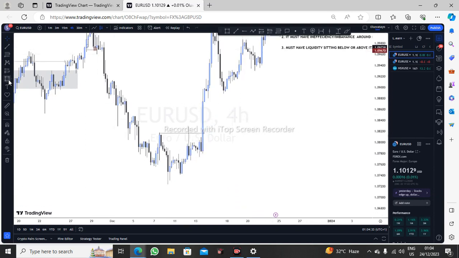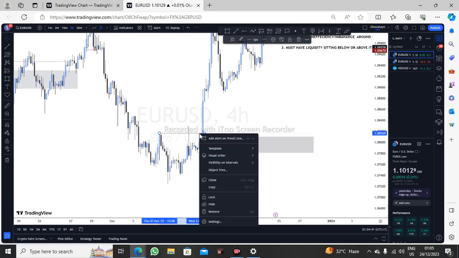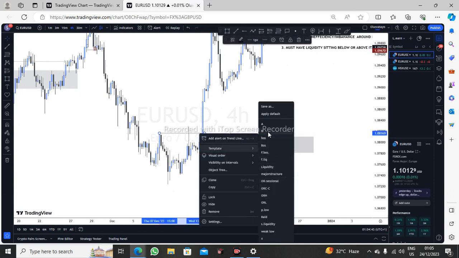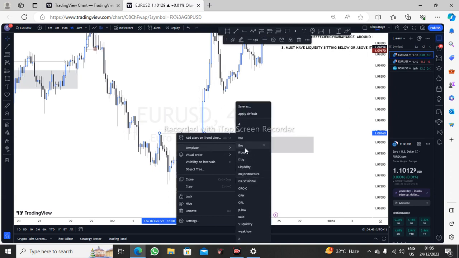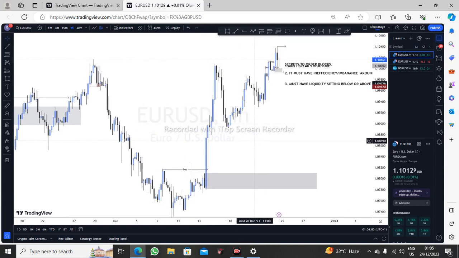Now where is the last down move before the up move? Obviously this is the last down move before the up move. Now did it meet our rule? Yes, this particular order block broke the structure at this point, sorry, we have a break of structure. It left out inefficiencies that have not been filled, thereby giving us what?